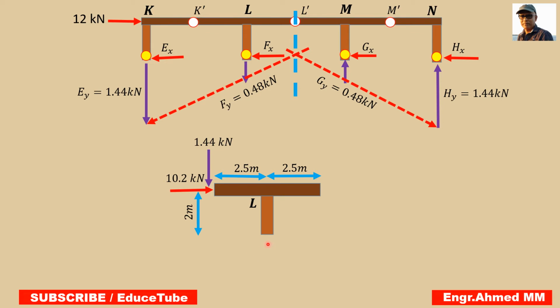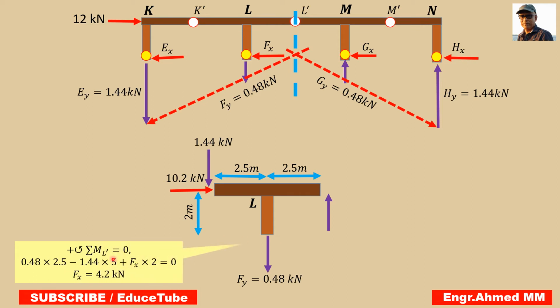So now our target is to find this. Here the vertical component I already know. For this L segment, the vertical component here is 0.48, so surely I can write it here. Now the target is to get this horizontal component. So how to get that? Summing moment equal to 0 about this point, because this is L prime.